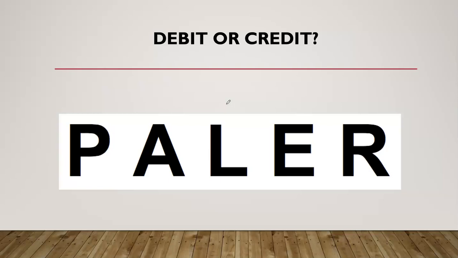You're probably going, what is PAYLA? Hopefully you can have a guess that A equals your assets, L equals your liabilities, E equals your expenses, and R equals your revenues.